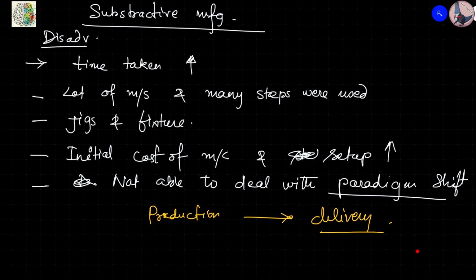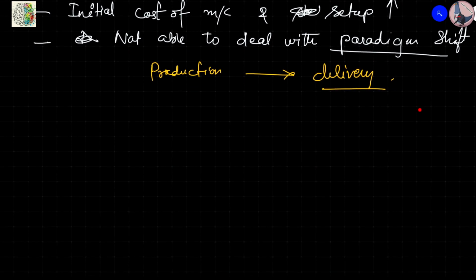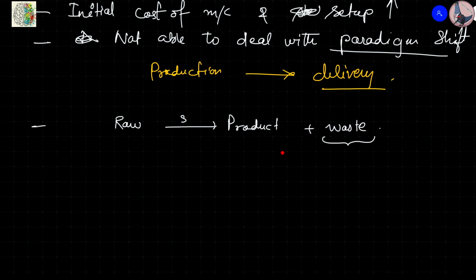If you remember from previous classes, I was many times telling you that you have some raw material, then some subtraction, then you get the product, and then some waste. This is another point. This waste was a very big trouble.